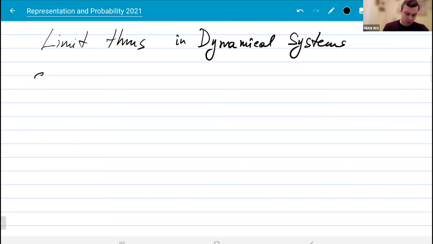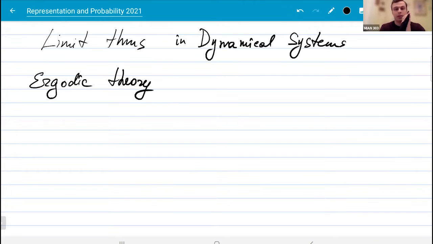So ergodic theory is more or less the study of dynamical systems that have some invariant measures.